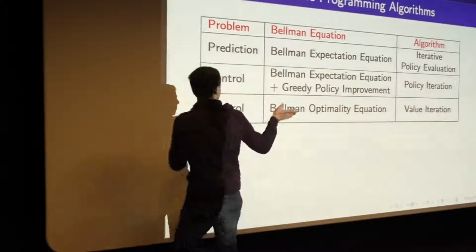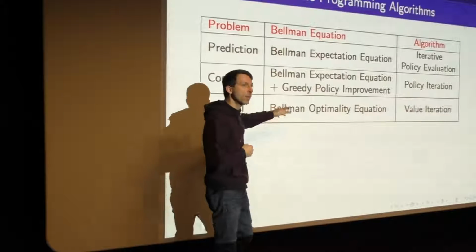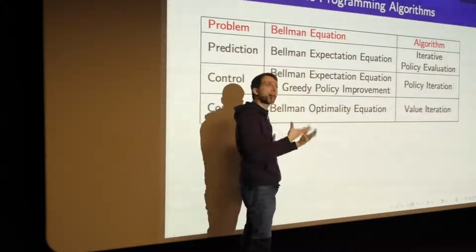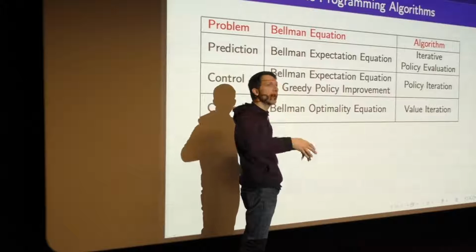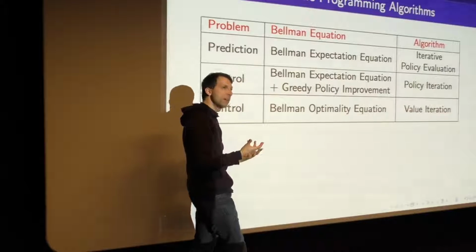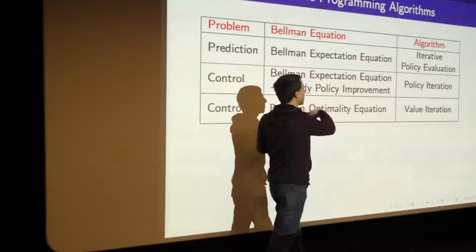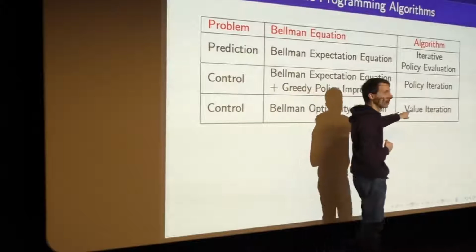And then finally, we moved on to the value iteration algorithm, again addressing control. The Bellman equation we look at now is the Bellman optimality equation with the max in the equation, which tells us how V star relates to itself, how the maximum reward you can get out of this MDP recursively relates to itself. When we turned this into an iterative update, we ended up with value iteration.